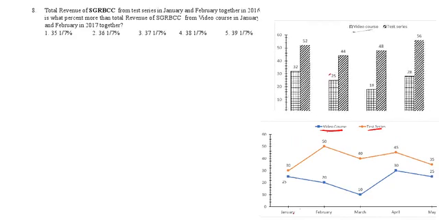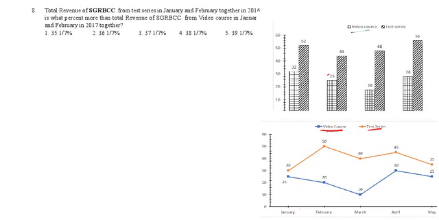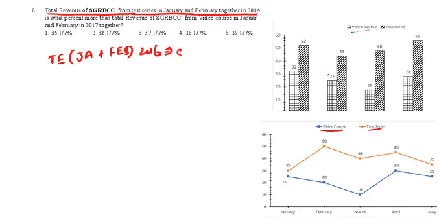So test series January and February 2016, that is 52 plus 44, that is equal to 96.